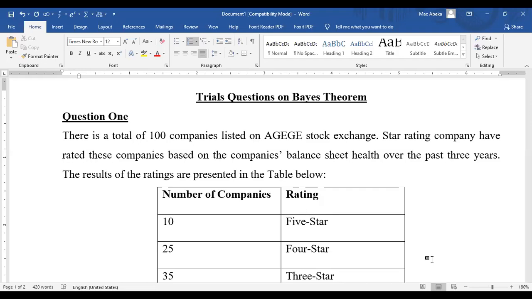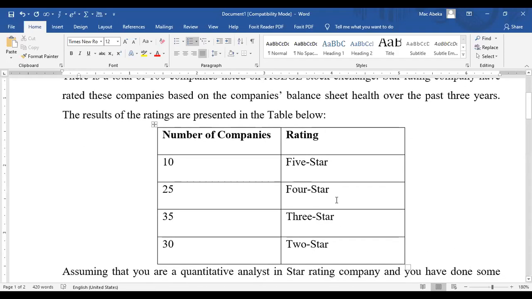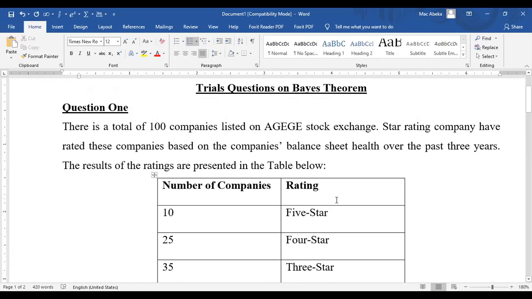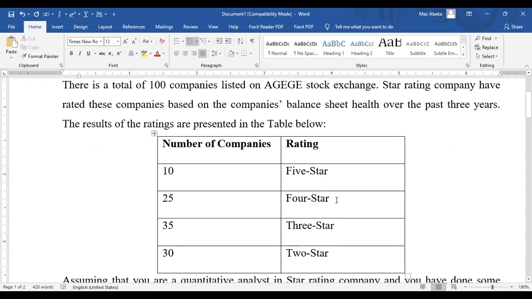And then the question says that the results of the ratings are presented in the table below. So in essence, out of the 100 companies listed on the stock exchange, 10 of them are 5-star companies.